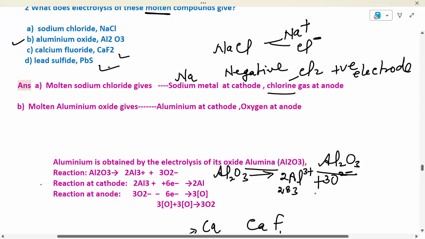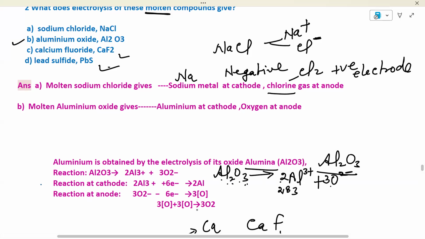Why do we need to write 2 and 3 here? To make it balanced. Because we have 2 aluminium atoms and 3 oxygen atoms here. So 3 moles of oxygen and 2 moles of aluminium would be here.